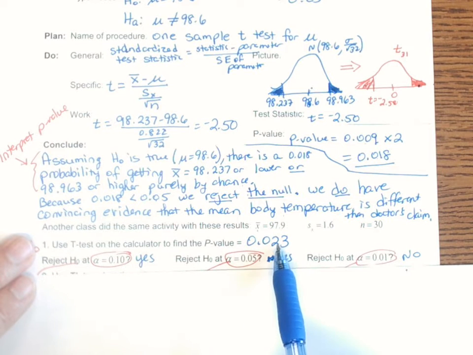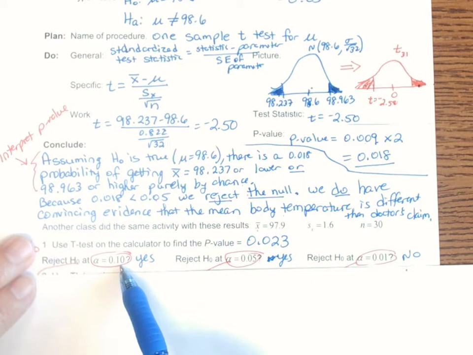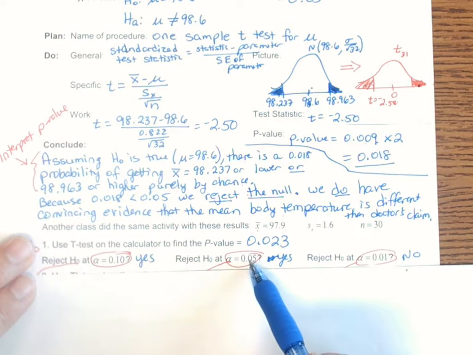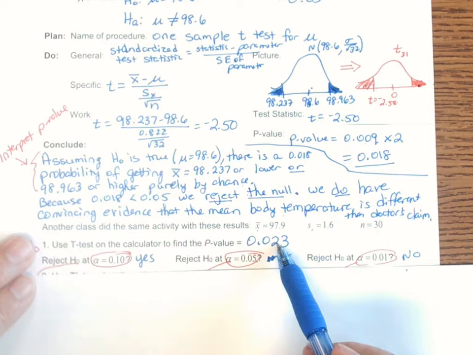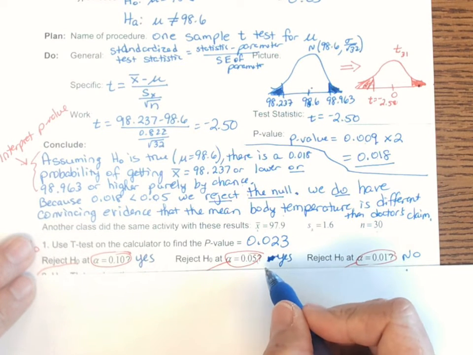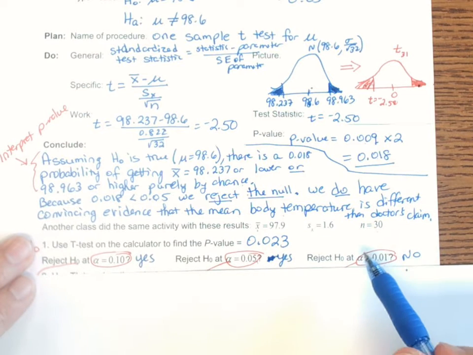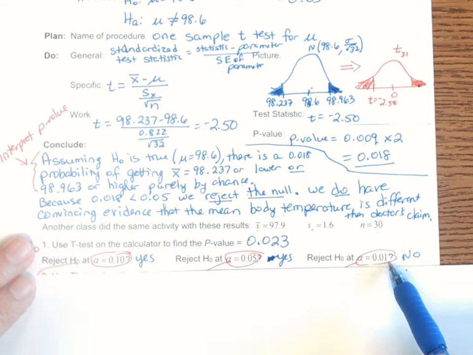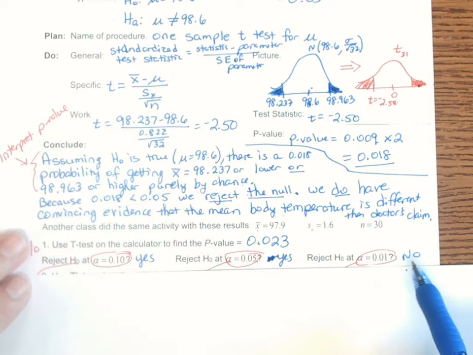Yes, because 0.023 is less than 0.1. Would we reject it if we changed our significance level to 0.05? Yes, that's still less than that. So yes, we would still reject the null, and we have evidence for the alternative. What about if we lowered our significance level to 0.01? Well, at that point, the p-value is greater, so we would not be rejecting the null.